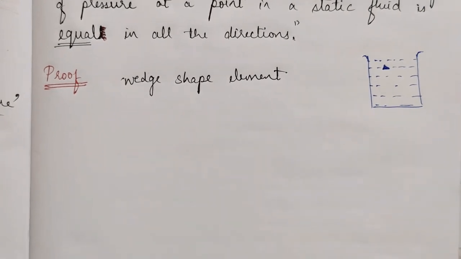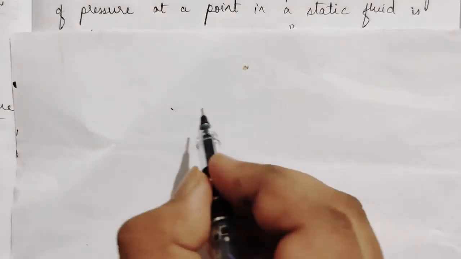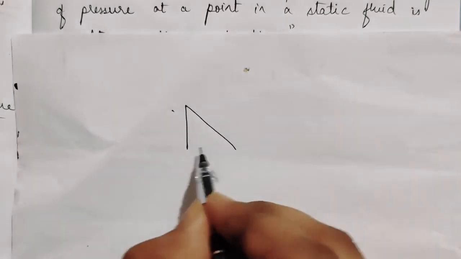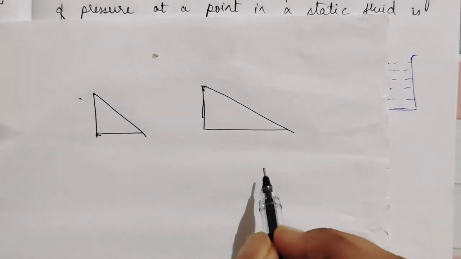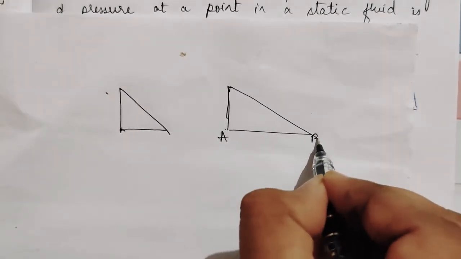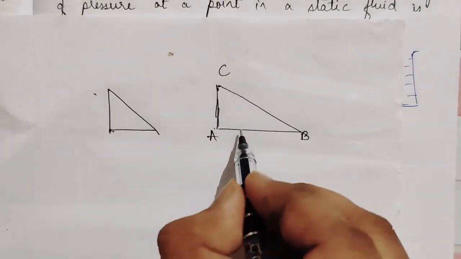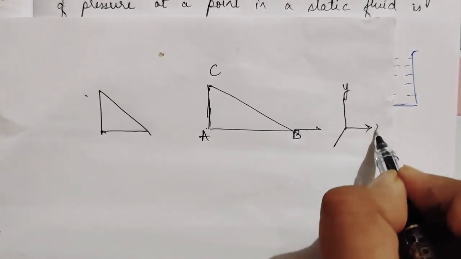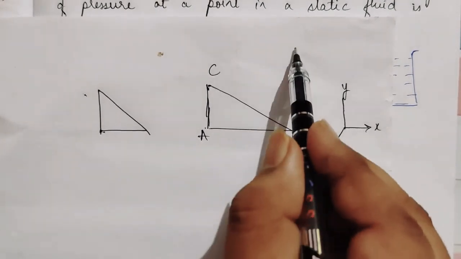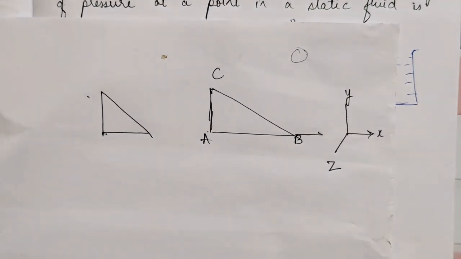See here, why a wedge element? If I draw this wedge element in 2D, it is somewhat like this, A, B, C. I can assume this in 3D terms, with X, Y, Z. If I take another shape, it would be difficult to make you understand what actually happens in the fluid.